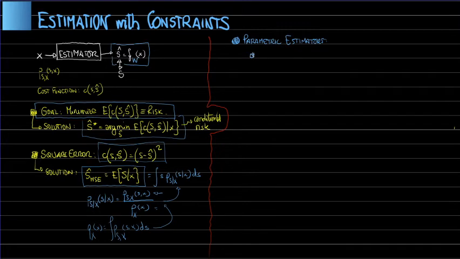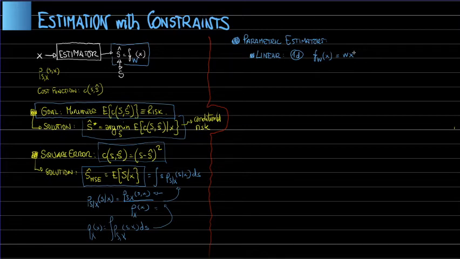And for instance, one used very often is the linear estimator. In the simplest case, in the one-dimensional case, this estimator is given by f_W(x) equal to Wx. That is, the estimator is just proportional to the observation.